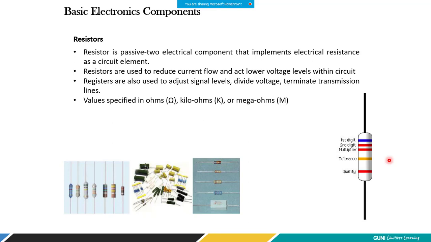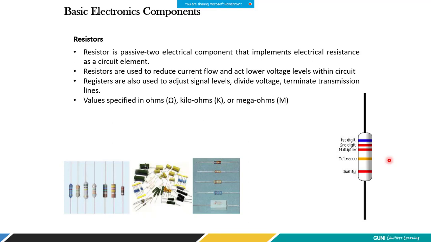But the basic thing that you should understand is, for example, let's say I want to connect a specific device, for example a sensor in a circuit, and there is a limitation that if I give more current to that sensor, it will blow out. So I need to ensure that I'm not going beyond the current handling capacity of that sensor, right?